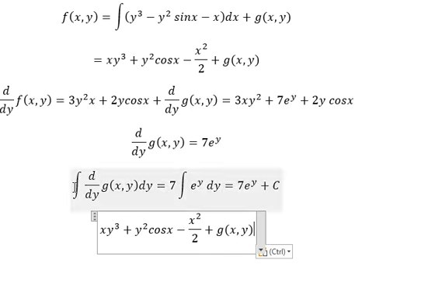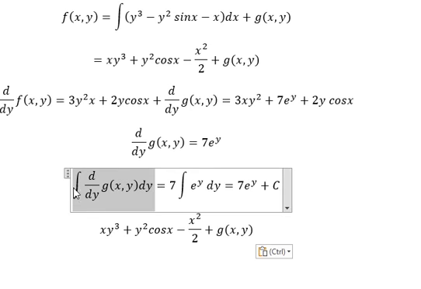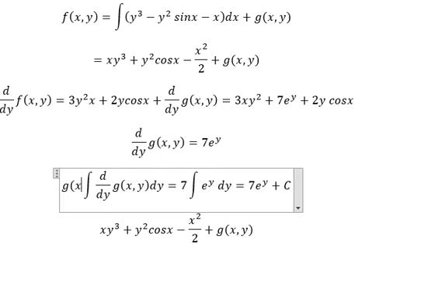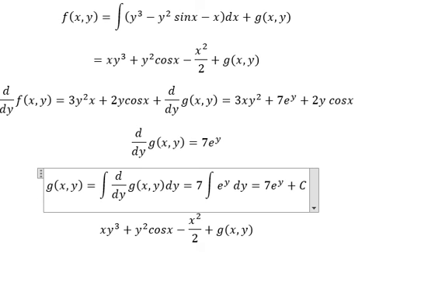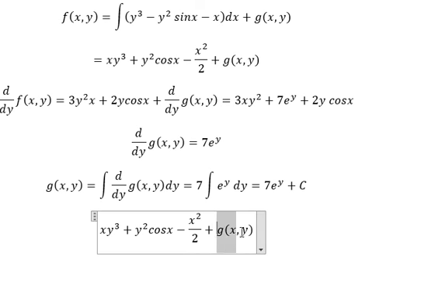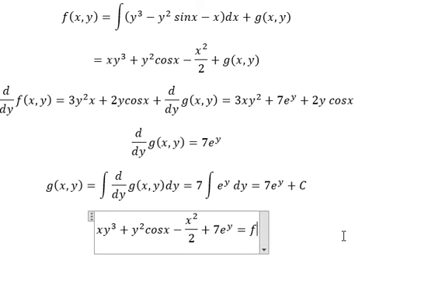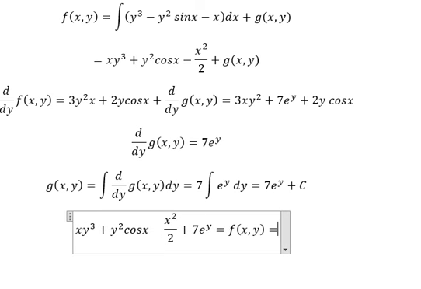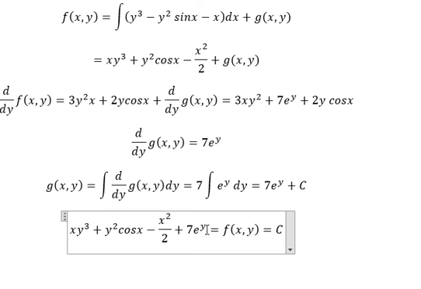So the integration of this one, we have 3xy. 3xy equals to 7e to the power of y. So I will put this one go in here. And we know that this one equals to f(x,y). f(x,y) equals to c. And now we have the final answer.